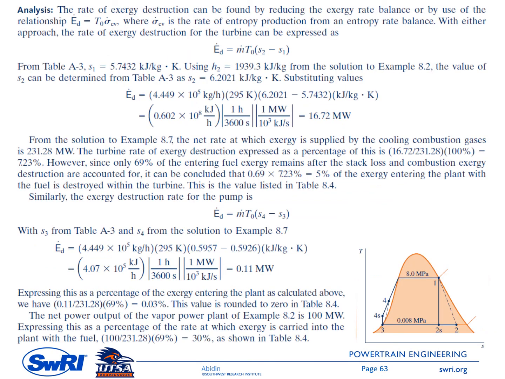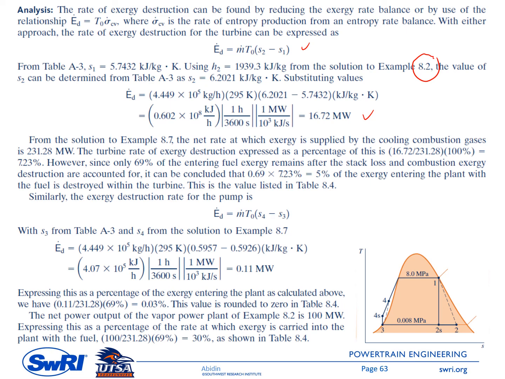First, we can use this formula to estimate the exergy destruction inside the turbine because it is straightforward. So we have m dot, we know T0, and then s2 and s1 I believe have been calculated in example 8.2, and then we can just plug in the numbers. You will get the exergy destruction inside the turbine.